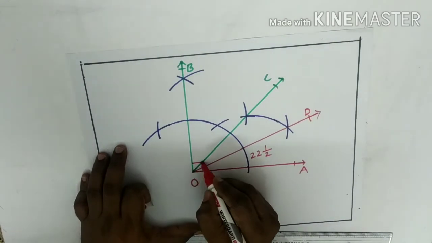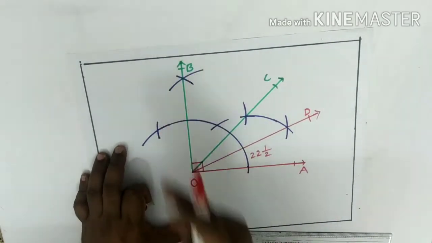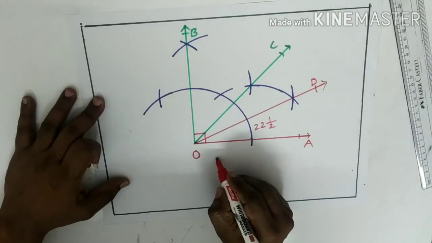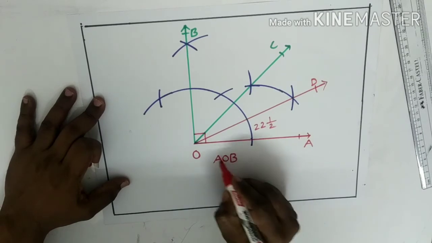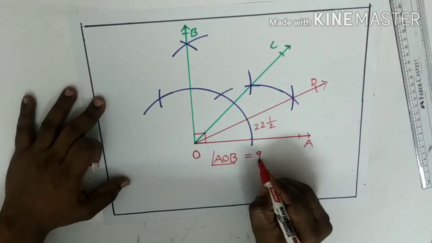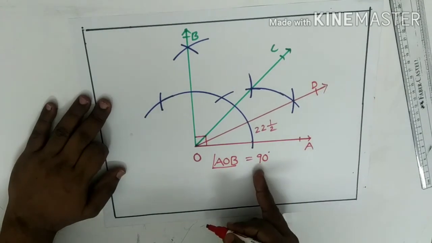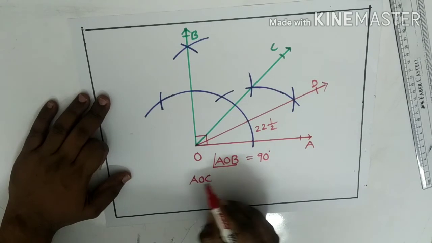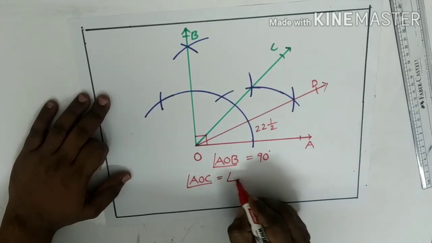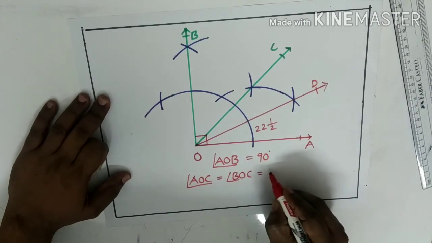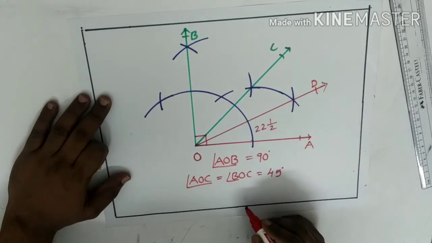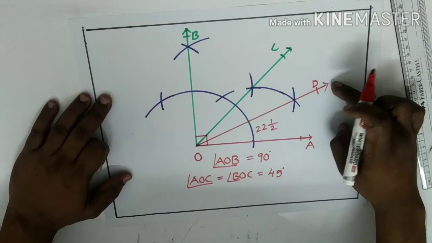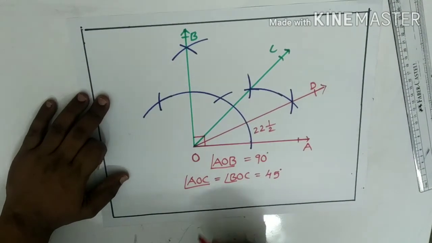So basically the first green line is 90 degrees. I am writing angle AOB is equal to 90 degrees. AOB is bisected into two equal parts. Angle AOC is equal to angle BOC is equal to 45 degrees. Now 45 degrees is bisected by the ray OD, that makes it 22 and a half.